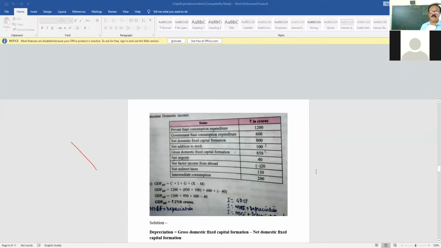Private final consumption expenditure 1200, government final consumption expenditure 600, net domestic fixed capital formation 800, net addition to stock 100, gross domestic fixed capital formation 850, net imports 40, net factor income from abroad minus 20, net indirect taxes 150, intermediate consumption 200. Okay. Have you copied this down?